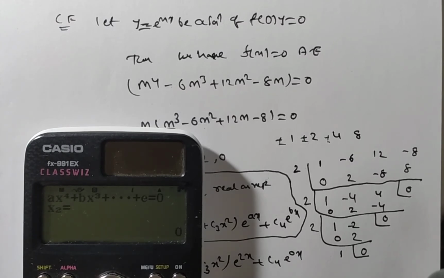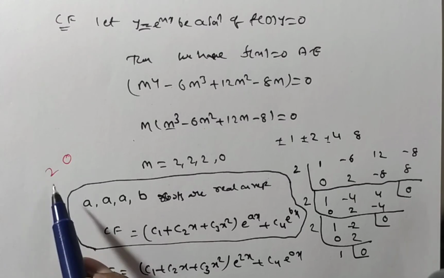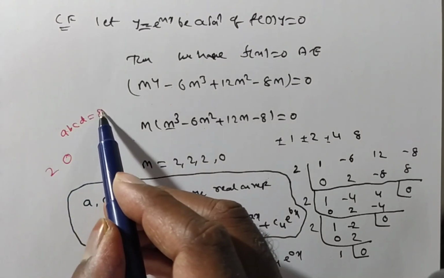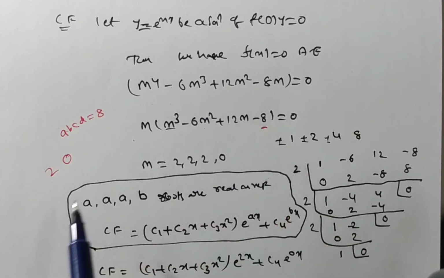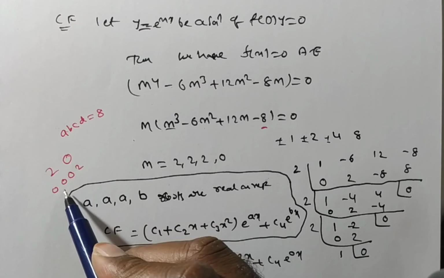So how many roots is it showing? 2 roots only. But actually how many roots do you have to get for a 4th degree polynomial? We have to get 4. So first you write down the roots, 2 comma 0. Friends, if you multiply them, the product abcd should be 8, but if we take 0, 0, 0, 2, will you get 8?